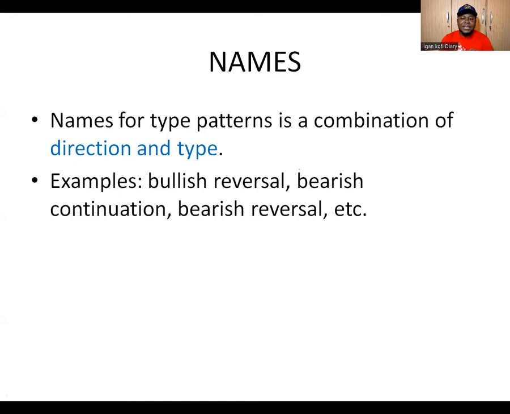The type patterns have names, and the name given will depend on what is happening. If the market is bullish and the trend is about to reverse back to the bearish side, we will say a bullish reversal pattern. If the trend is bearish and the bearish trend is about to reverse to the upside, we will say bearish reversal pattern. And the same way, if it is a continuation, we can say bearish continuation or bullish continuation.